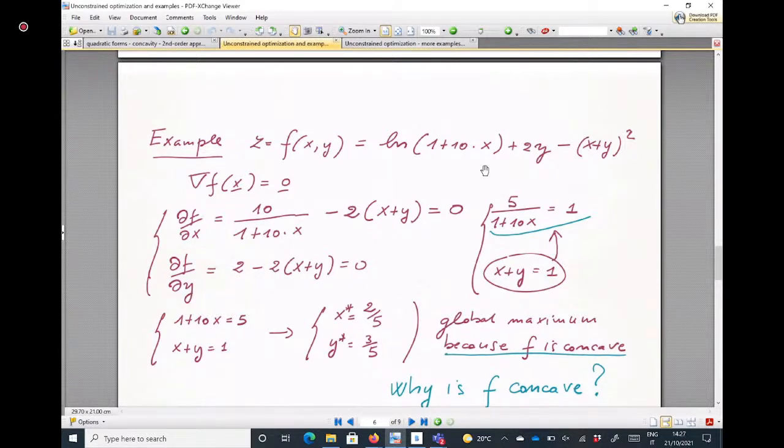Partial derivative with respect to y, this becomes 0, this is 2, and this again is minus 2(x plus y). Is that clear? Okay, equal to 0. Now, what you should not do is try to obtain from the first equation x as a function of y, or y as a function of x, and then replace into the second equation.